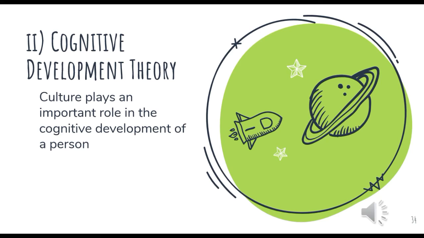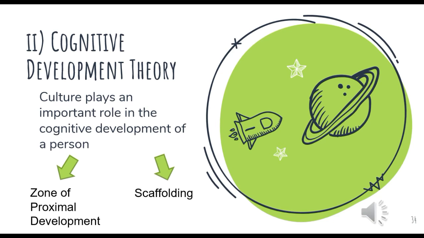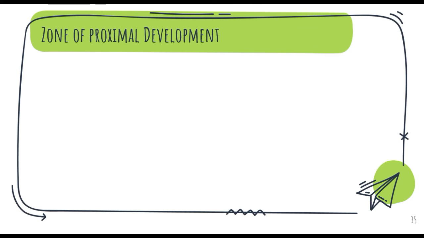There are two fundamental aspects in Lev Vygotsky's theory that contribute to social learning. So we have here the zone of proximal development and scaffolding. So let us first discuss the zone of proximal development. This is not very strange to me.